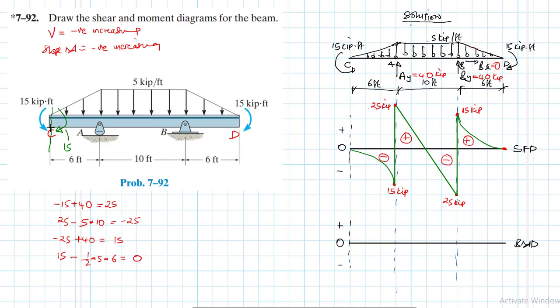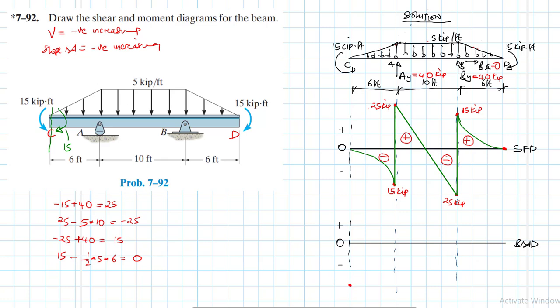The one applied is in that clockwise direction. The one that we get when we do an infinitesimal cut to the right of C will be in the clockwise direction, which is negative. So let's imagine we have a value here of 15 down, which is negative, 15 somewhere there.